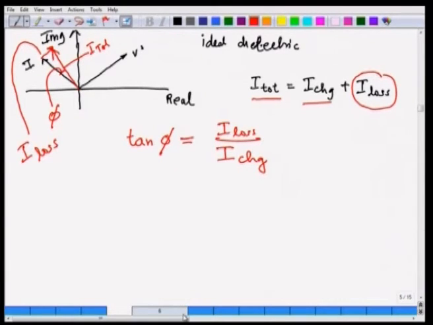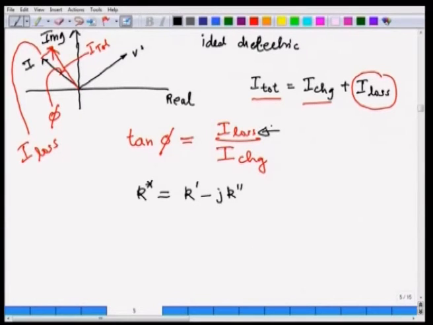Now what I am going to show you is that this behavior can be represented if we consider the dielectric constant itself as a complex quantity, consisting of that same k prime, the real dielectric constant of a perfect dielectric, minus j times some k double prime, which is connected to this loss.